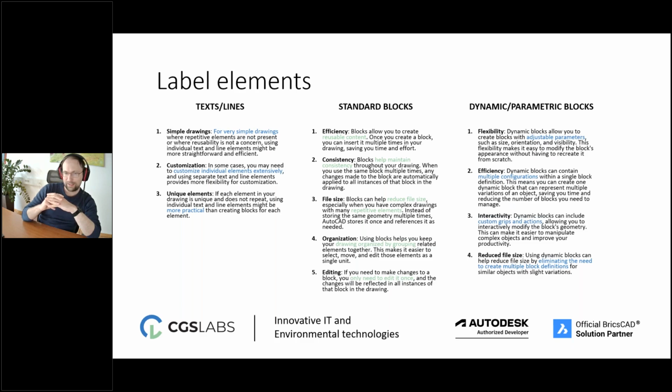So here in this slide, I actually asked ChatGPT to list me the differences between different elements. So you can see what blocks contribute versus the text and line elements. For example, using blocks should give you more consistency, should reduce the file size because there are repetitive elements.